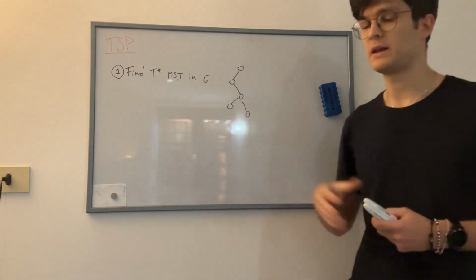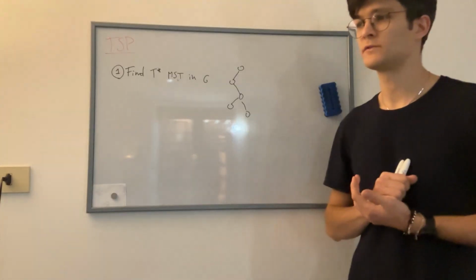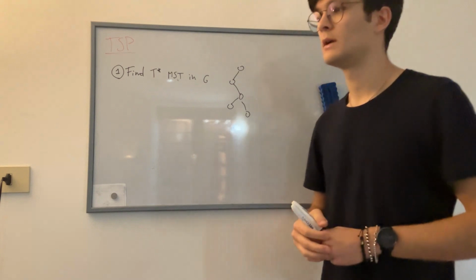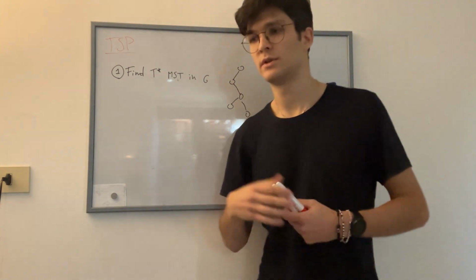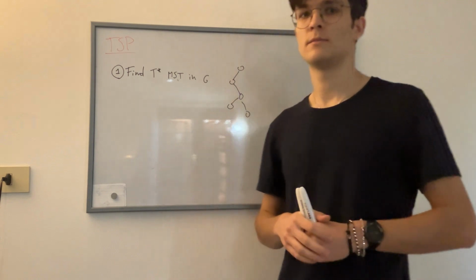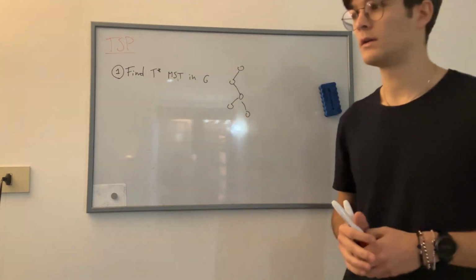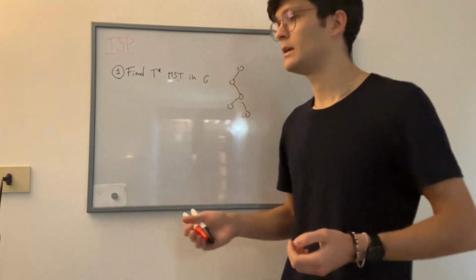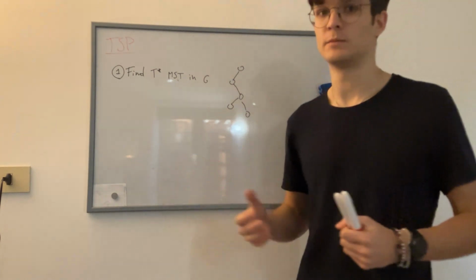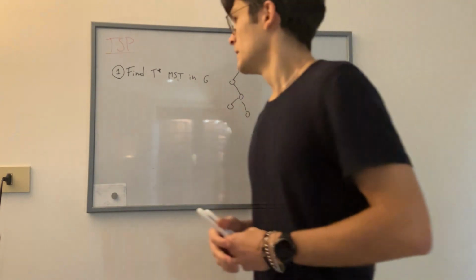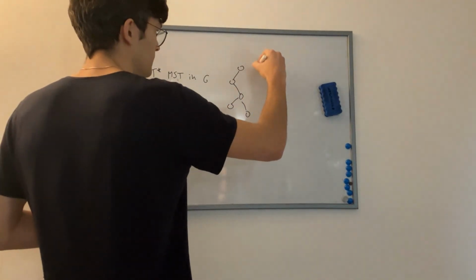There are many algorithms to find the minimum spanning tree on graphs. It's not the topic of this video, but for example, there is the Prim algorithm, there is the Kruskal algorithm, and they all solve this problem in polynomial time, so we're good. Let's call this T star.